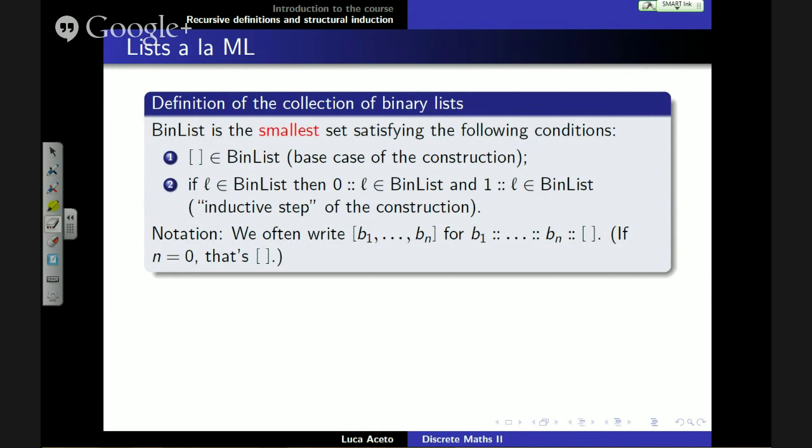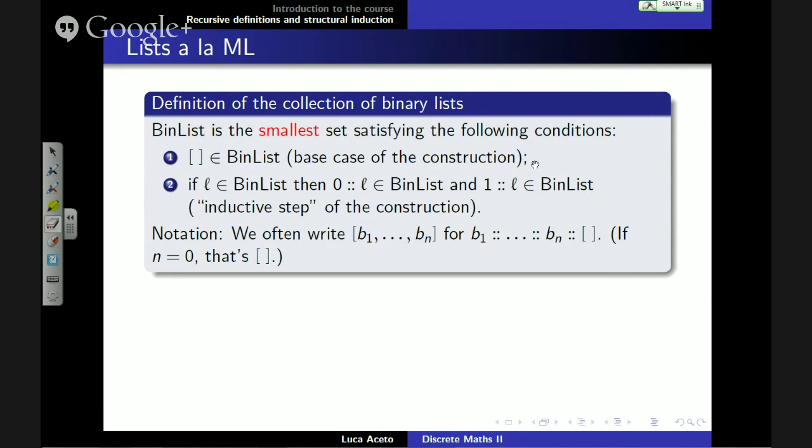Why don't we do the same with lists? And that's exactly what is written there on the slide. For the natural numbers, we start from 0. With lists, we start from the simplest possible list, namely the empty one, the list that contains no element. This gives us something to work with. That's the base case of the construction, which is the one that you have over here.